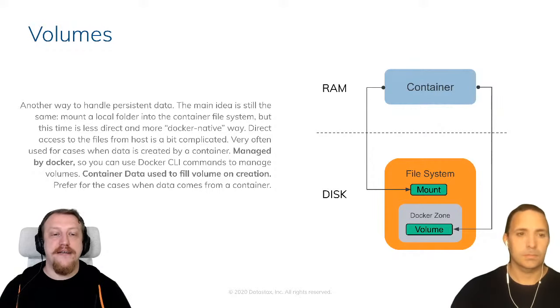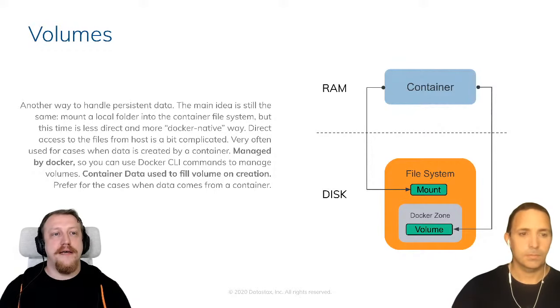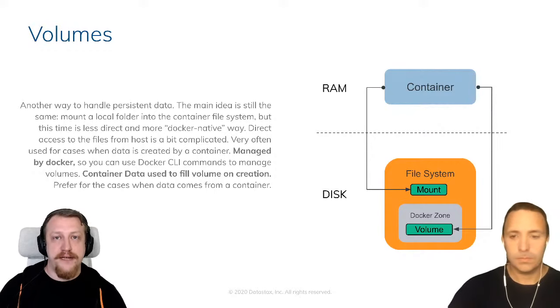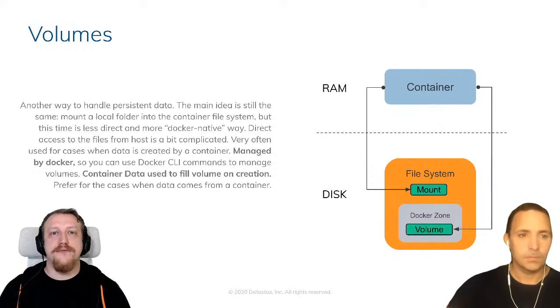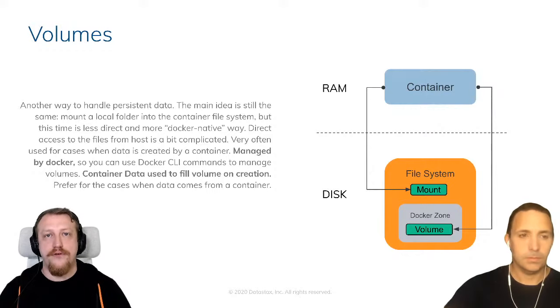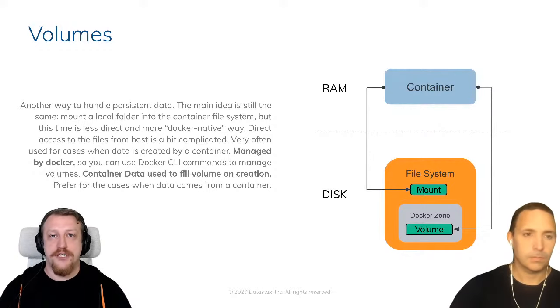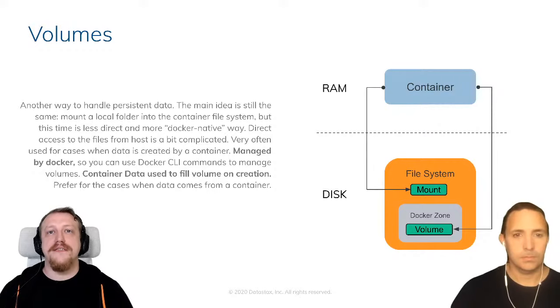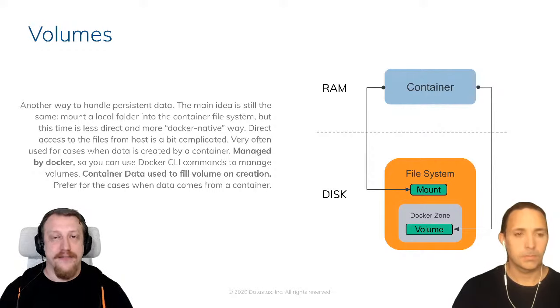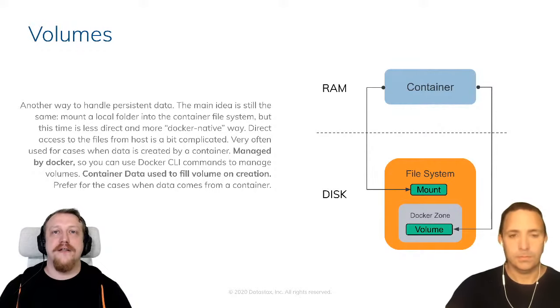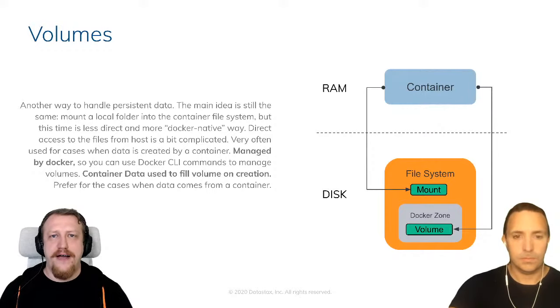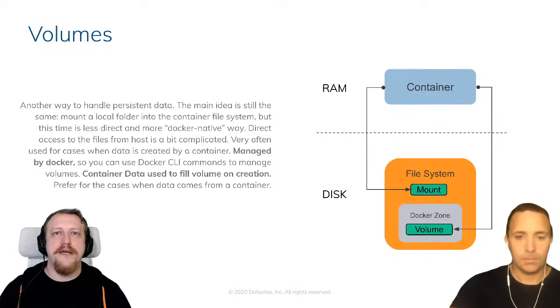And there is exactly the opposite behavior. When you do a bind mount, it means you have some data in your folder, and it will overwrite the data that exists in the container on the target path. For volumes, it works a bit the opposite way. When you create a new volume, and creating a new volume is important, and the target path in the container is already filled with some data, with some files, those files will be copied to this newly created volume.